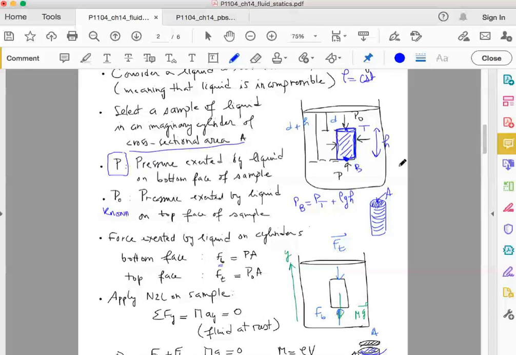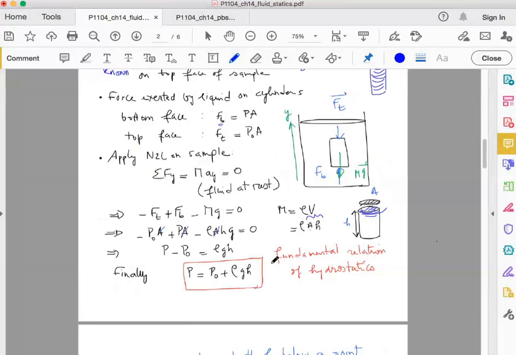Number two. This fundamental relation of hydrostatics is P equals P0 plus rho GH, where P0 is the pressure known at a given point on top of the point of interest.